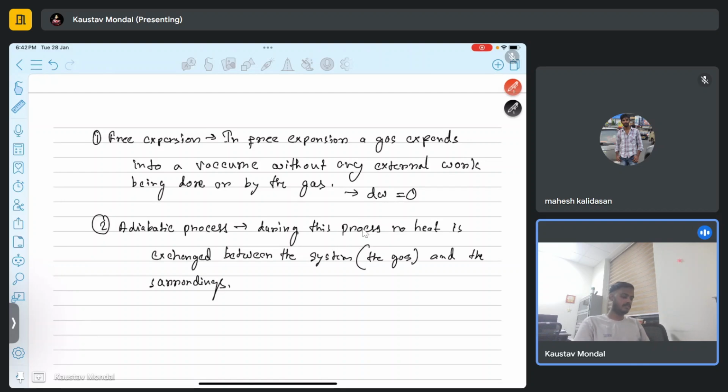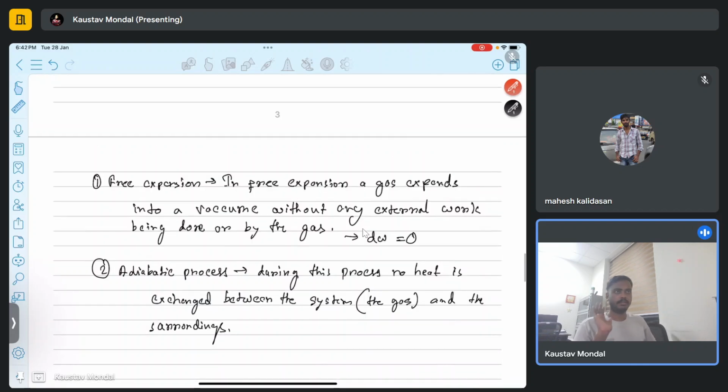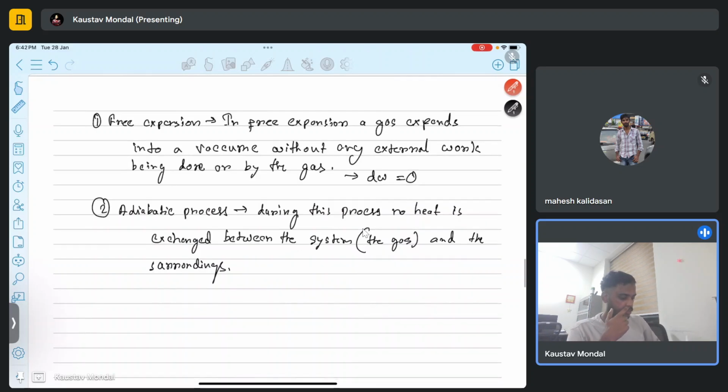This is the definition of an adiabatic process. So the change in heat between the gas and the surroundings will be 0. So for this adiabatic system, dQ will be equal to 0, right? dQ will be equal to 0.